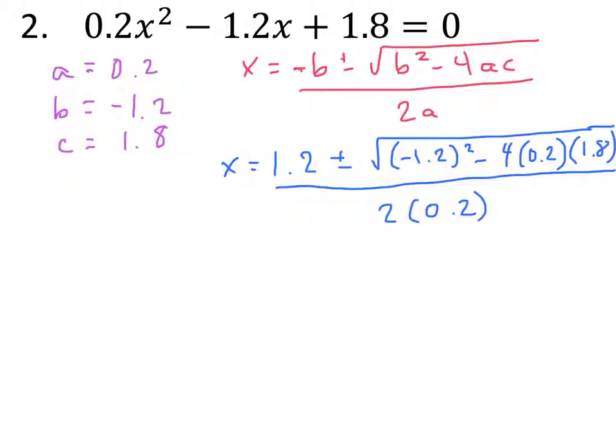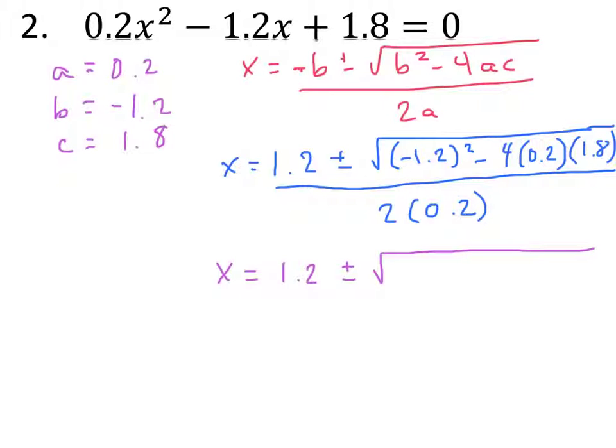Alright, so let's simplify what's inside the square root sign, or radicand. I'll just bring the 1.2 plus or minus. We can do this in 2 steps to make everything easier.